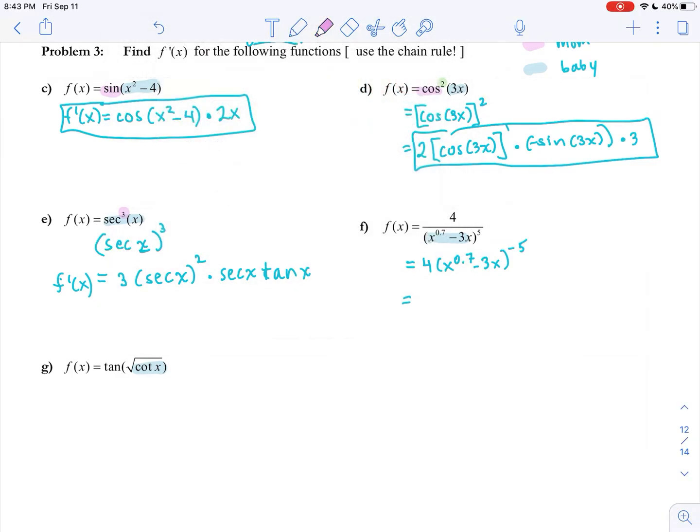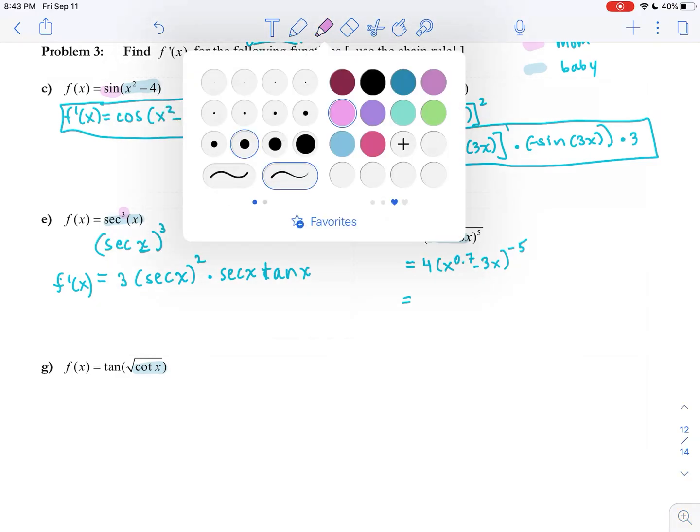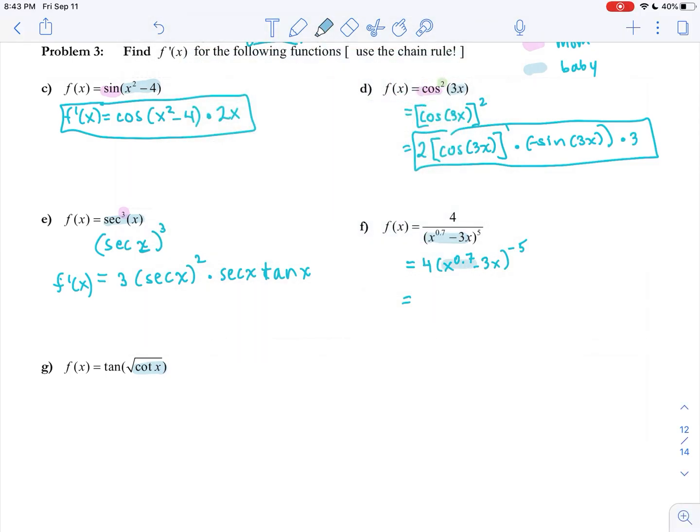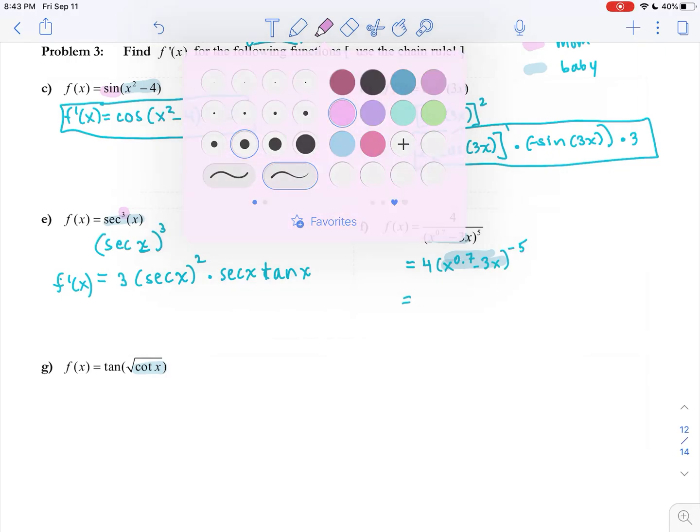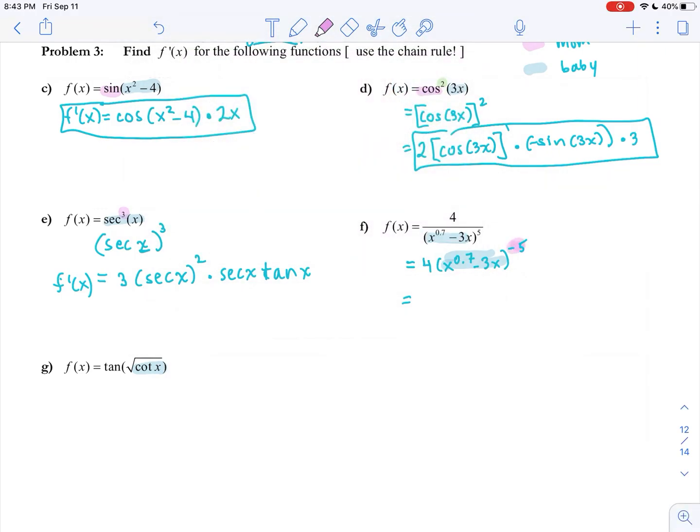So here we have our baby function inside. And then we have our mommy function being the negative 5 and the 4. So when we take the derivative, we take the derivative of the mommy first.